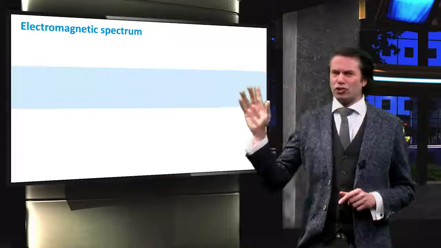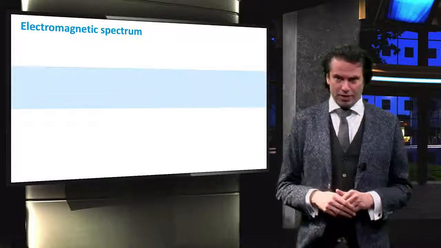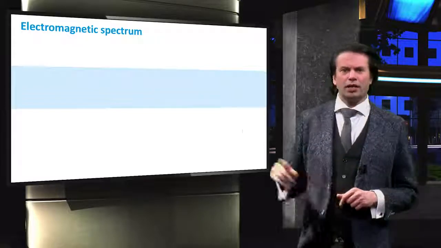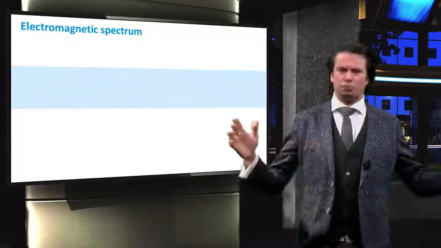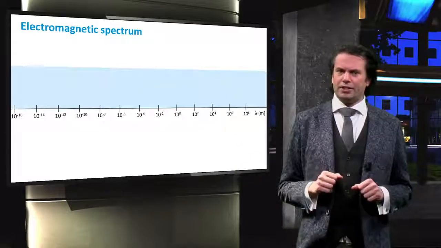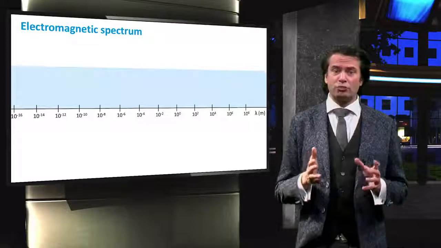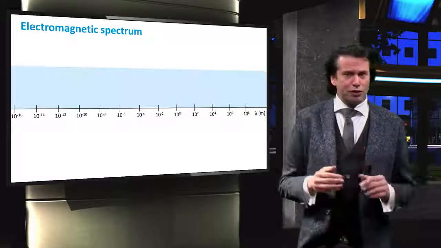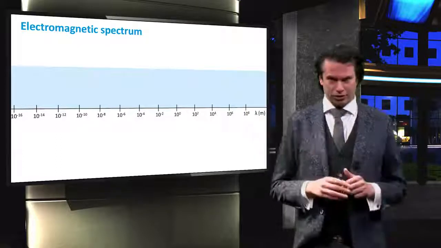Let's look at the spectrum of electromagnetic radiation to get a better understanding of these properties. This blue bar is the full spectrum. We introduce an axis for the wavelength. The axis ranges from wavelengths smaller than 10 to the power minus 16 meters to over 10 to the power 8 meters.